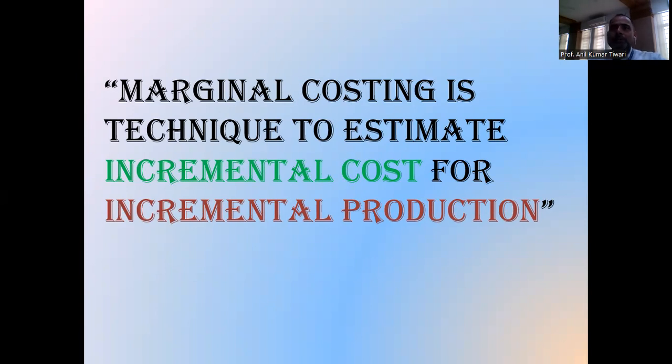Sometimes people say the additional cost of a unit is known as marginal cost, or sometimes they say variable cost, because variable cost varies with the production. So the additional cost that varies becomes the marginal cost, and what is added on to the earlier cost because of the increase in production becomes the incremental cost.